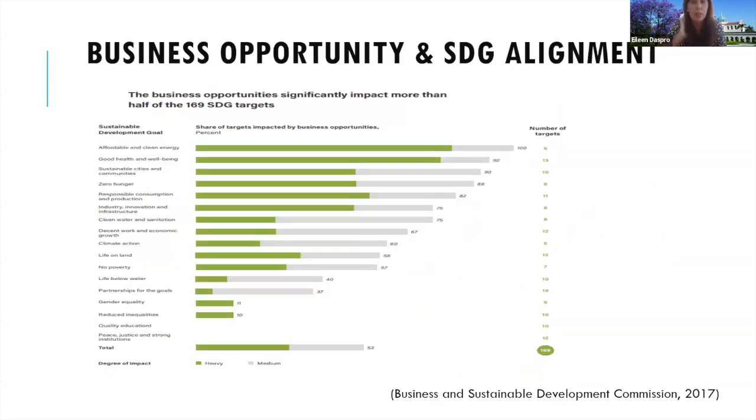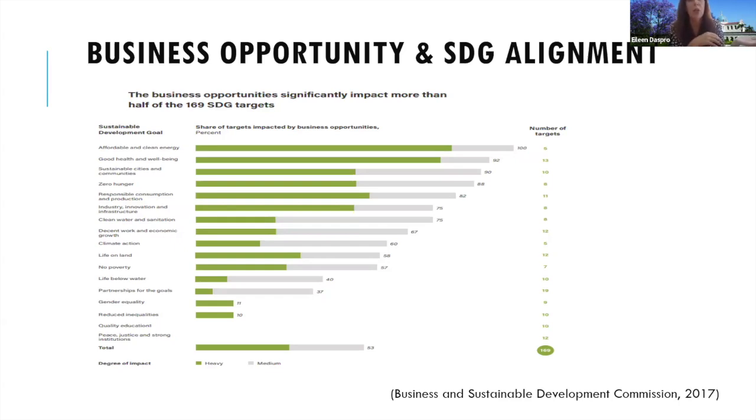This is probably a little bit hard for you all to see, but they take all of the 169 SDG targets. So there's 17 goals and then 169 targets that are more specific, right? They looked at all of these targets and basically matched how much these targets articulated by the United Nations align with the business opportunities that the Business Commission had identified. And there were many of them.